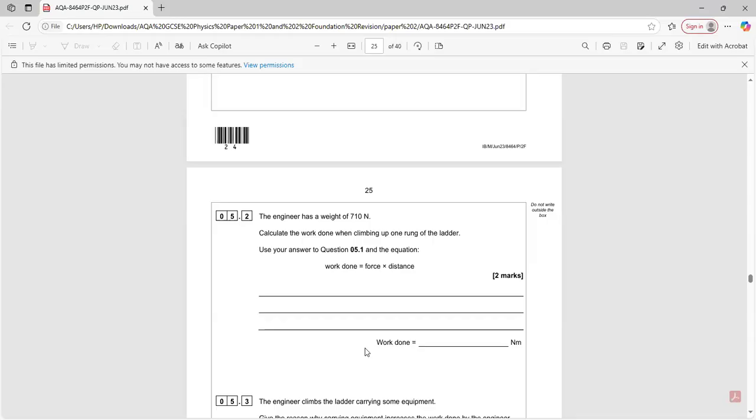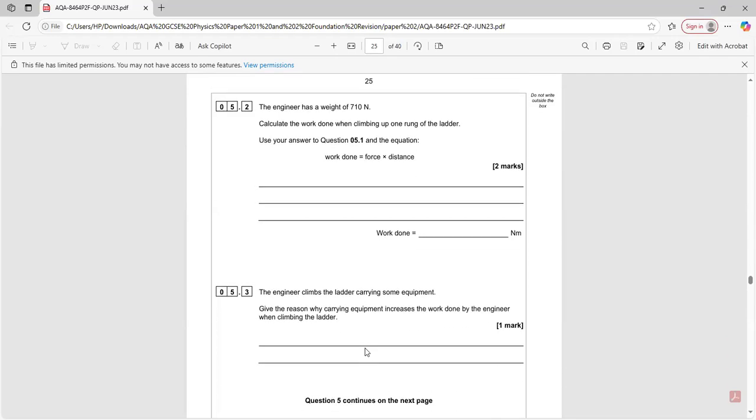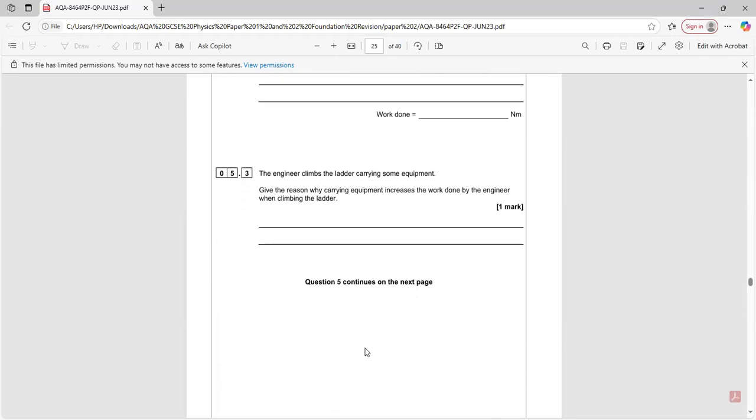It's his weight, 710 times 0.3. Can you help us calculate that quickly on your calculator? 710 times 0.3. 213. Okay, so that's the answer for work done.